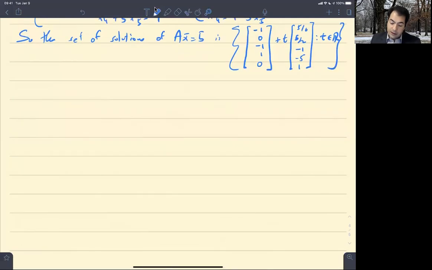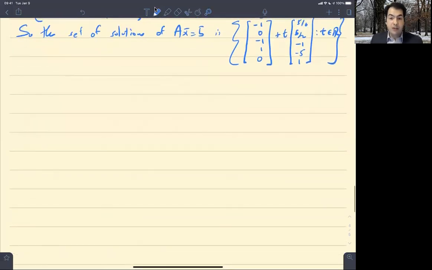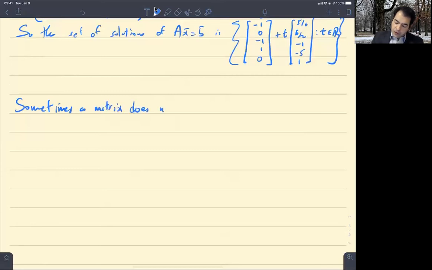Okay, now I've mentioned that not every matrix has an LU decomposition. So let's see an example of that. Sometimes a matrix does not have an LU decomposition. For example, consider the matrix 0, 1, 1, 0.